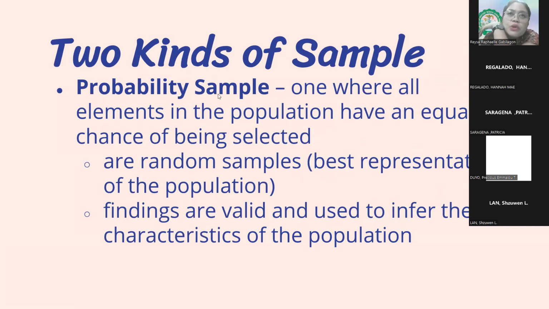Therefore, if we do probability sampling, the data that we can get are considered valid, and at the same time can be used to make inferences about the characteristics of the population. Most likely, when you do quantitative research, you have to use probability sampling.